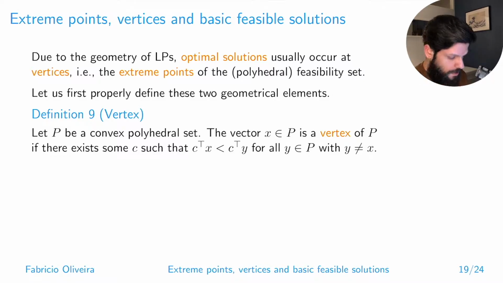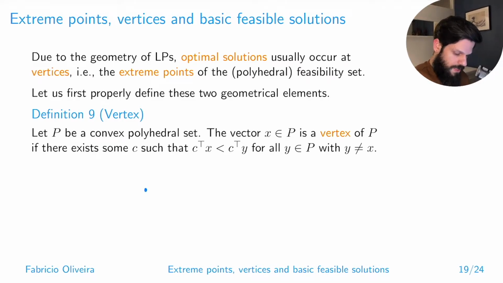If it is so, then you can find a vector C to be the normal of a hyperplane, such that all points y that also belong to P are within one of the half spaces of the hyperplane defined with normal vector C. So this is basically illustrating the following picture that will have something better showing up in a minute.